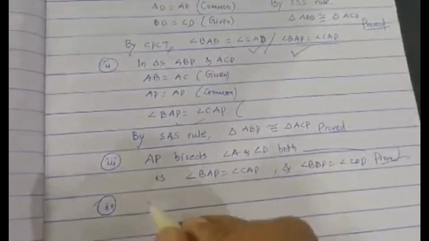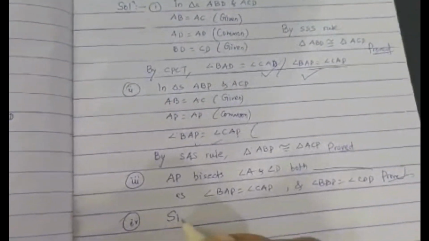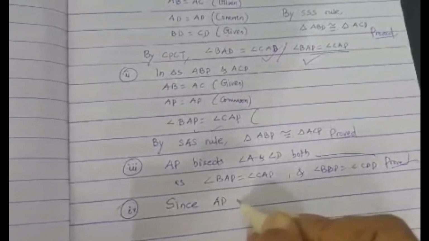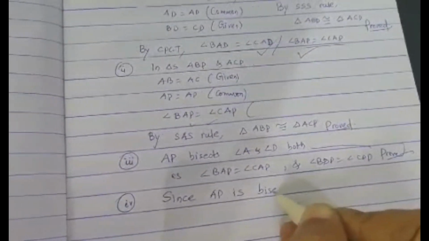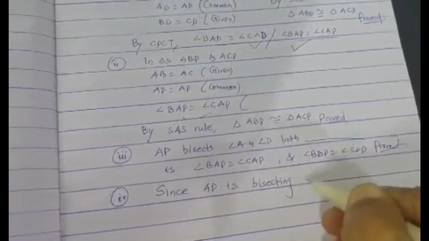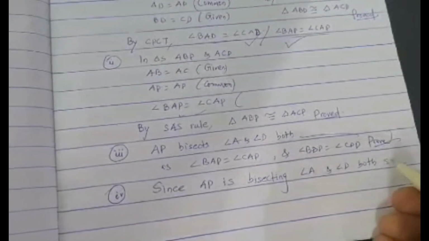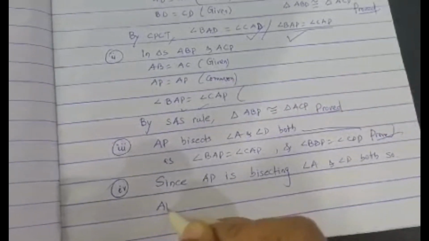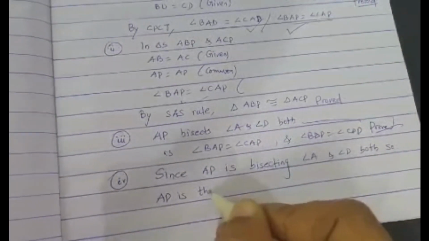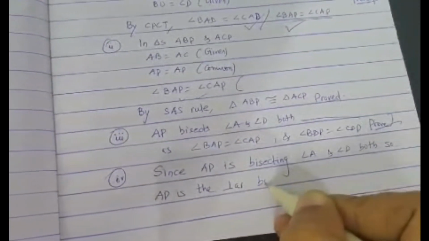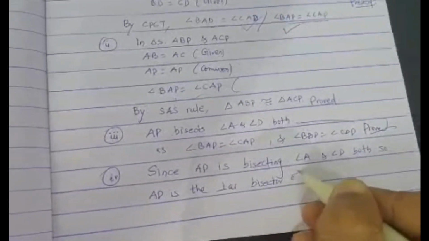So you can directly write that since AP is bisecting angle A and angle D both, we can say that AP is the perpendicular bisector of side BC.